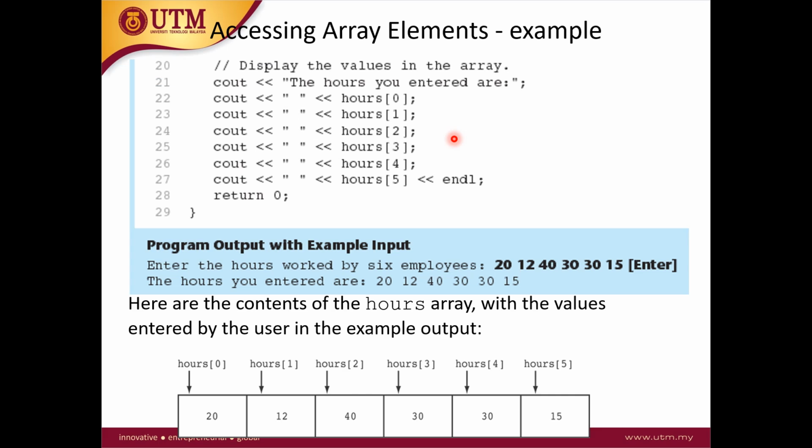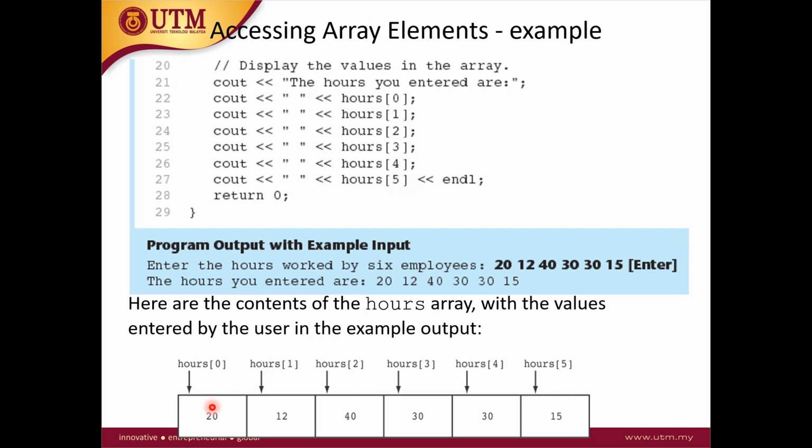Again, in order to display the values inside the array, we can't easily write cout hours. We need to specify the index. This is going to print the first element, and this one is going to print the last element.